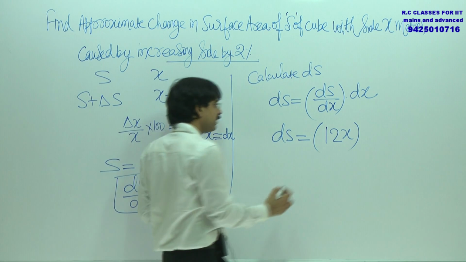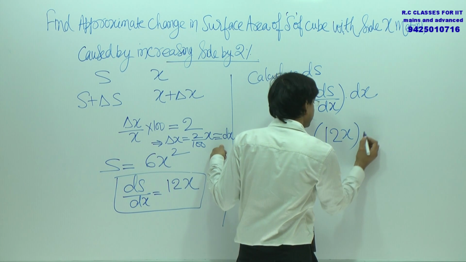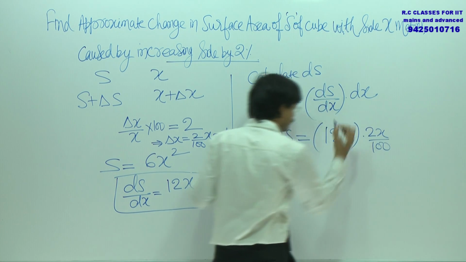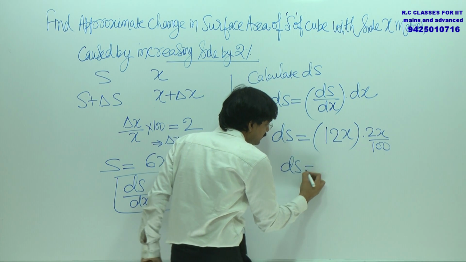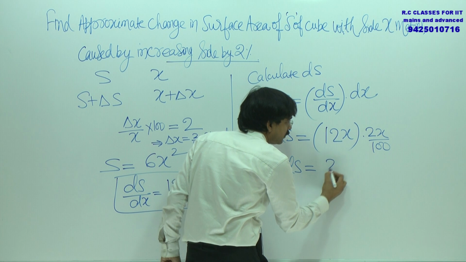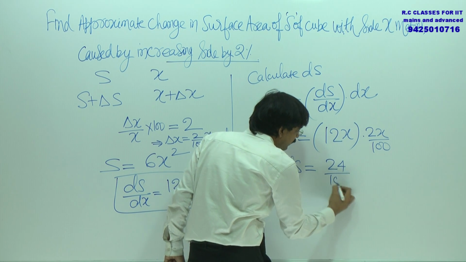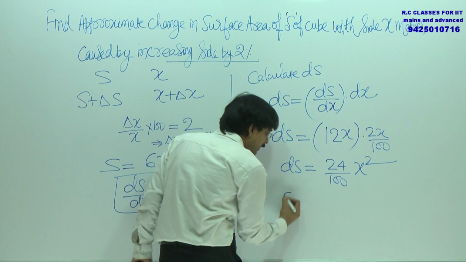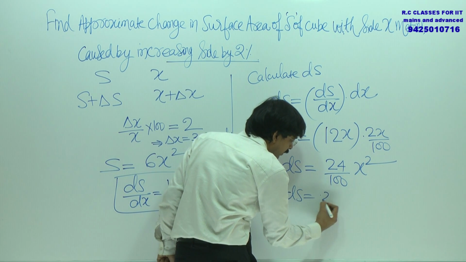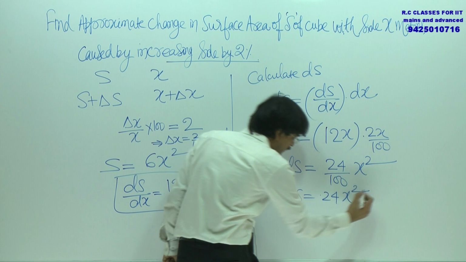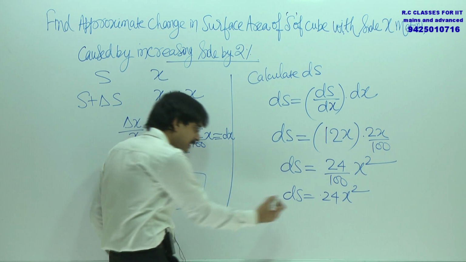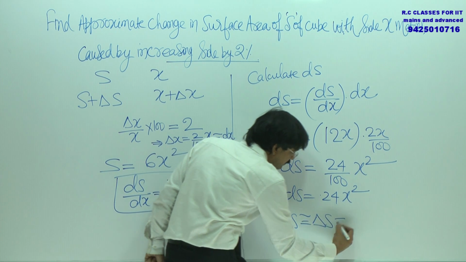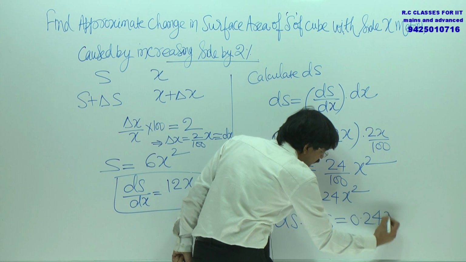So we will be putting that dx as 2x by 100, that is ds is equal to 24 by 100 into x square, that is 0.24 x square, and that ds, which is equivalent to delta s, is equal to 0.24 x square.